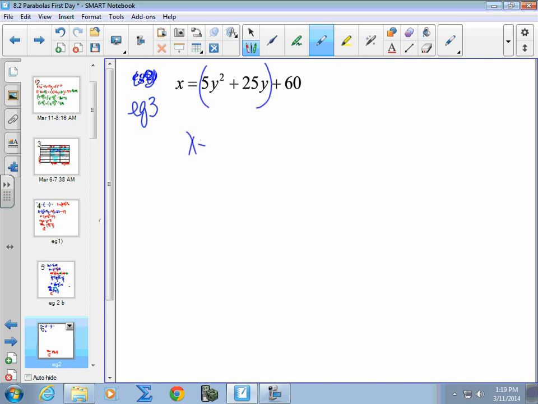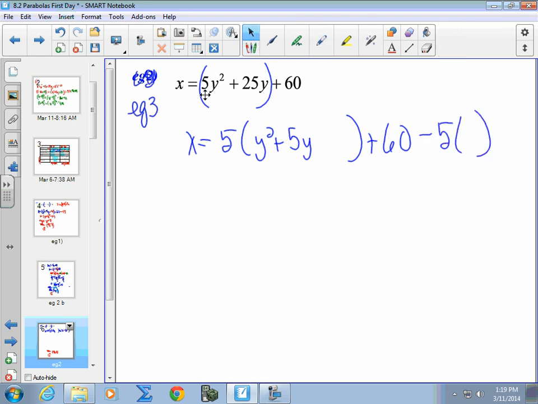Two terms. We want to factor out a 5. Remember, we're going to subtract 5 times whatever we're putting there. The 1/2 of 5 squared is what? So we got 25 fourths.